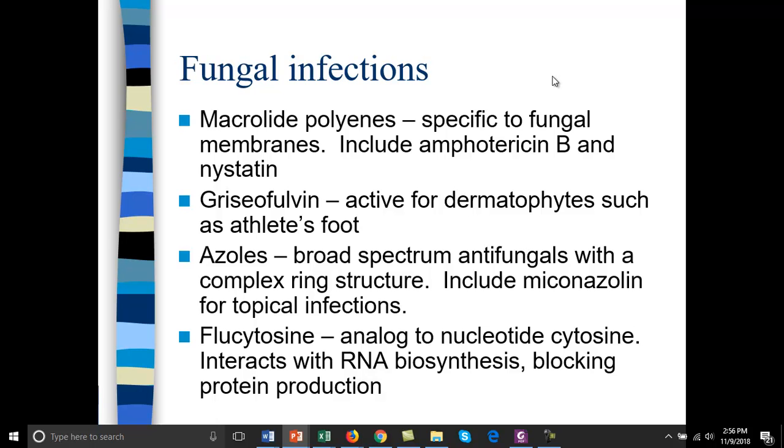It actually looks like cytosine, the nucleic acid, and it blocks protein production. It cannot be translated into protein. So it looks like cytosine, and then RNA cannot synthesize.